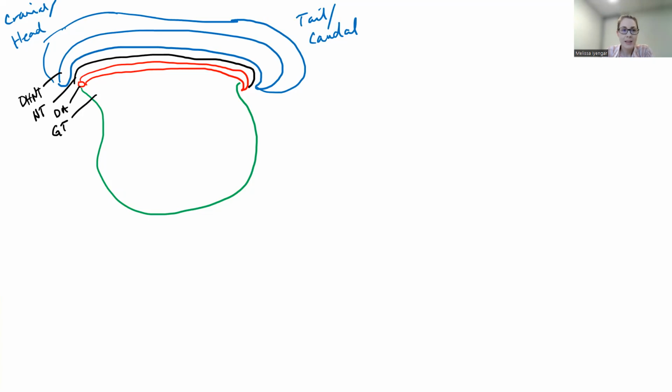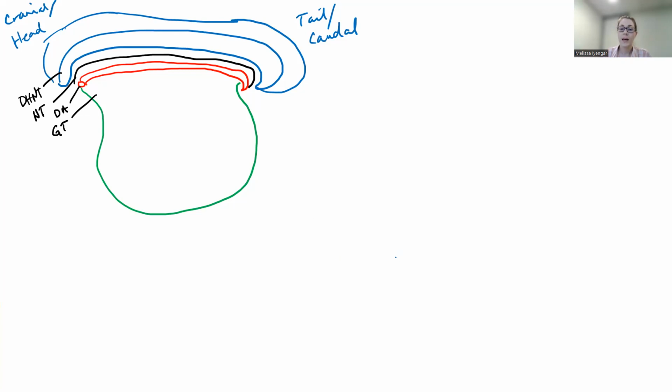So what we're going to see is that we're going to create the gut tube and it rolled up into a tube. We're also going to differentiate or create different partitions of the gut tube after the dorsal hollow nerve tube is already rolled up into a tube. The next thing we're going to have is craniocaudal folding or cephalocaudal folding.